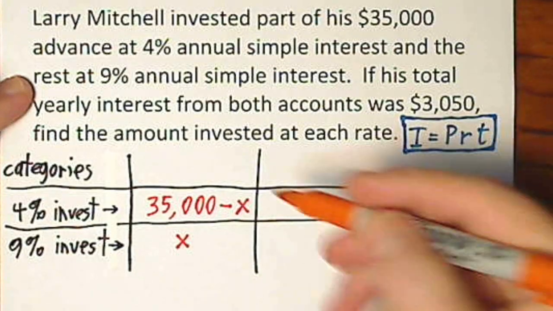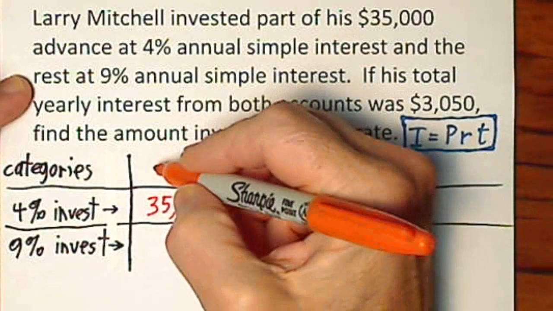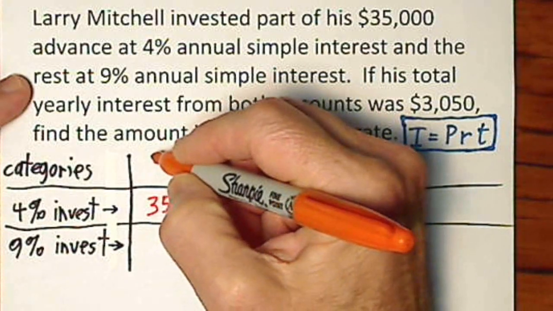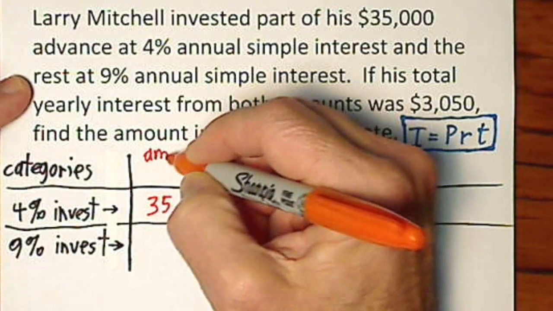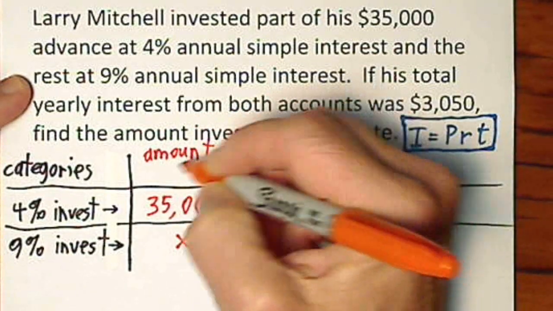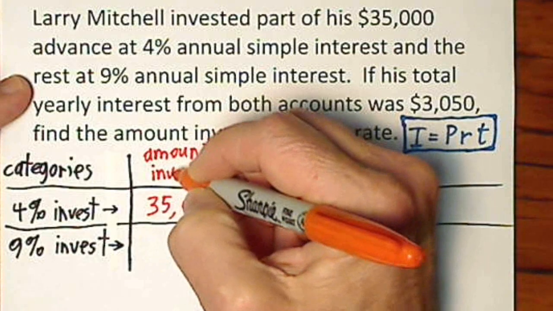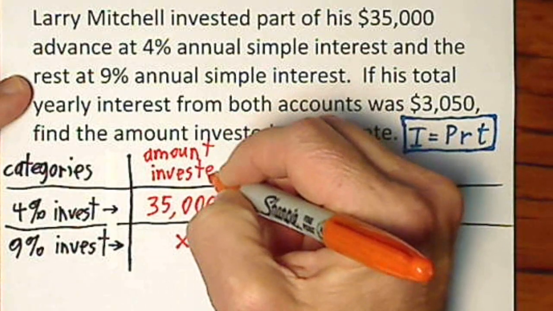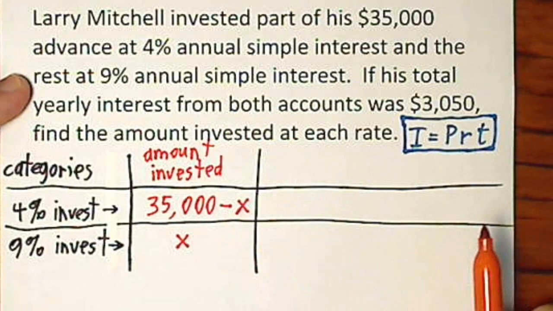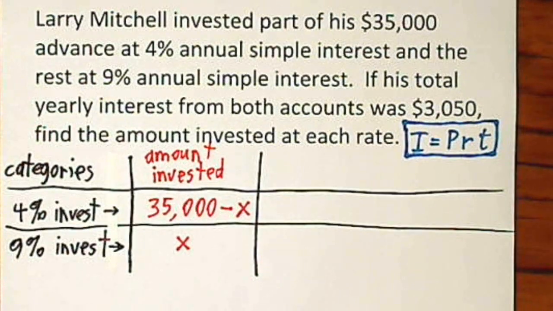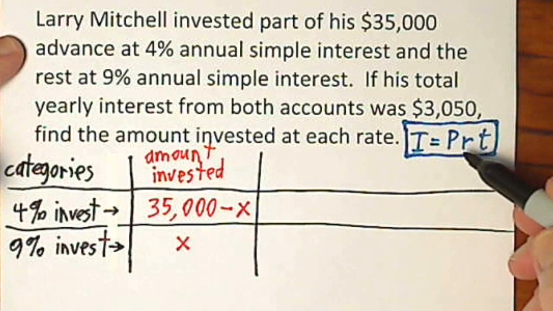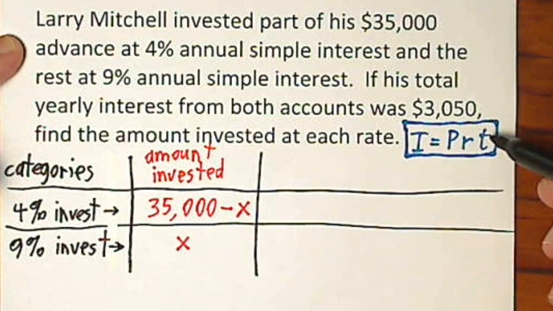And let's see, so I'll say amount invested. Alright, so that's our amount invested. And again, we're going to focus on this formula, okay?